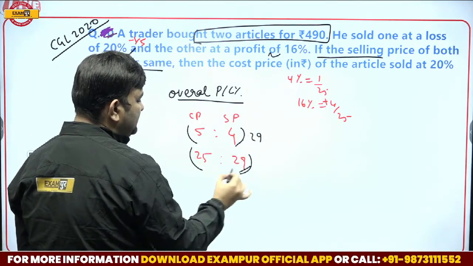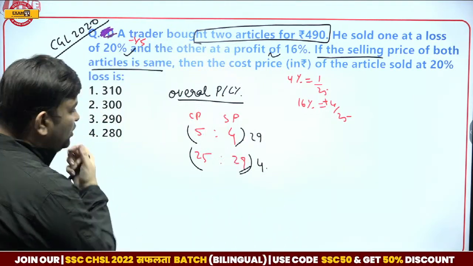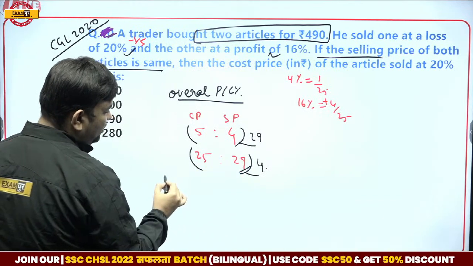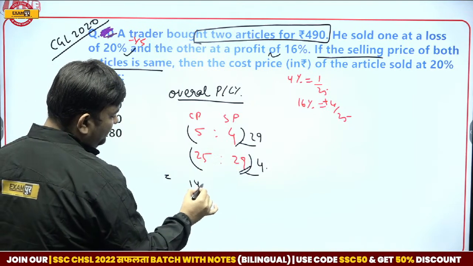The moment you maintain this, you will get the ratio of their cost prices. So first cost price is 145.